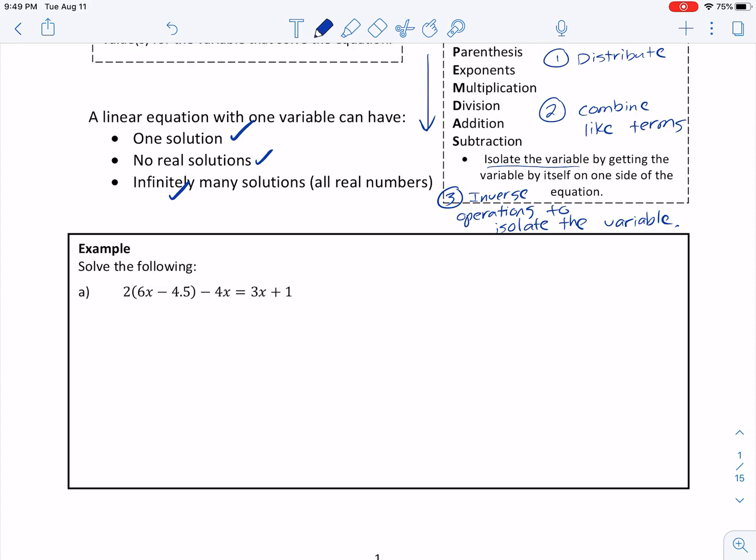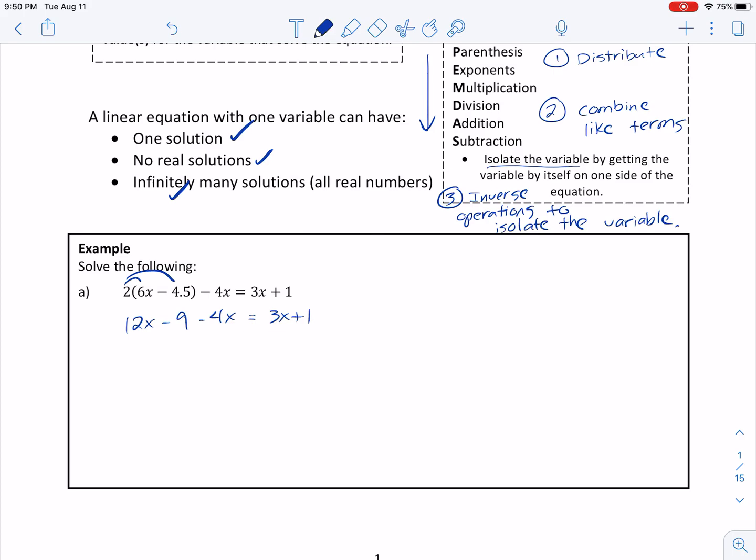If we're using our steps, we see parentheses, we need to distribute. Remember, order of operations means use parentheses first. So we're going to distribute the 2 to the 6x and the negative 4.5. We get 12x minus 9 minus 4x equals 3x plus 1.